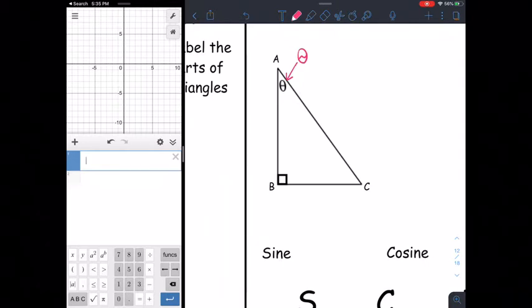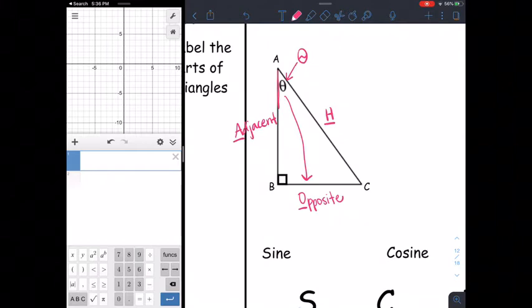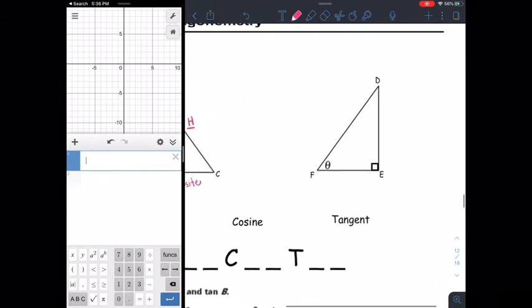And in relation to theta, we have a couple of things. We have our hypotenuse, we have our side opposite, and we have our side that is adjacent, that shares one of the sides of that angle.